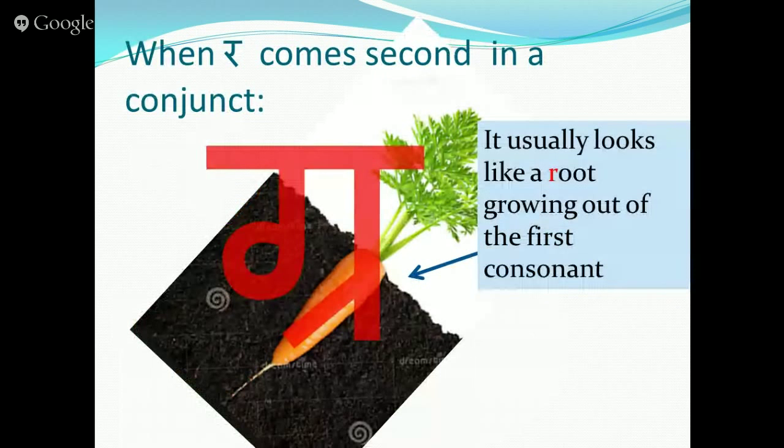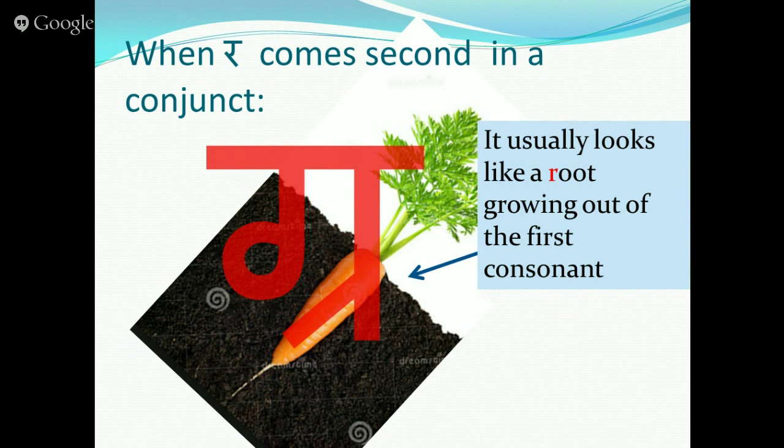So, here's another special form that ra takes. This is the special form it takes when it comes second in a conjunct. It's actually one of two special forms. We're going to talk about the other special form after this. When it is number one, it is the rodent on a tree branch.